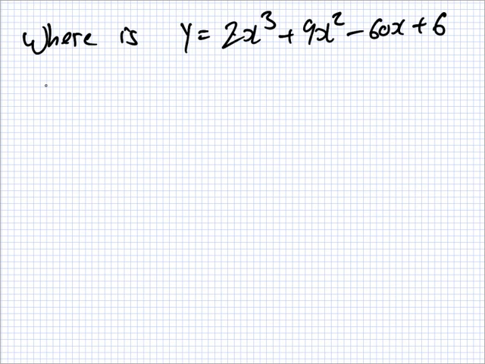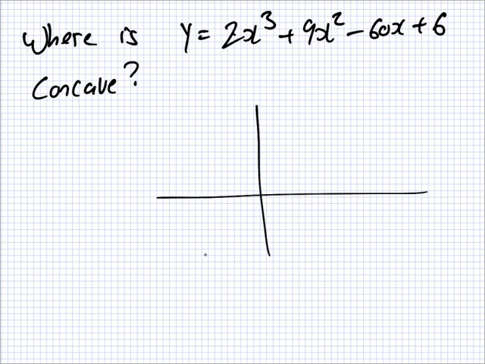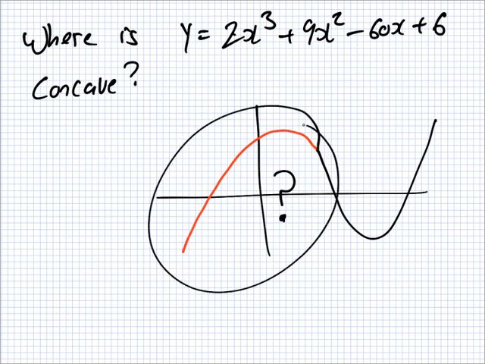I want to know where this cubic is concave. You understand that if you draw the cubic, part of the graph will be concave, the part here, and then it switches to being convex. So I want to know where it will be concave.